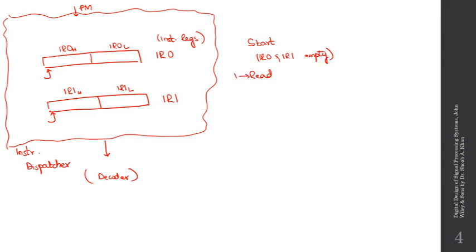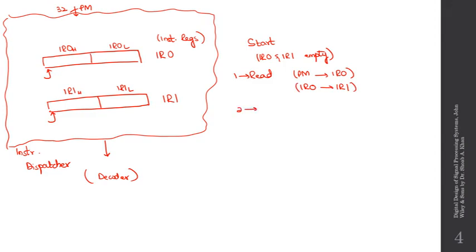When the data is read, the instruction currently being read from the program memory, the 32-bit content, is going to be written into IR0. At the same time, the data coming from IR0 has to be written into IR1. This is going to take place at the first clock cycle.